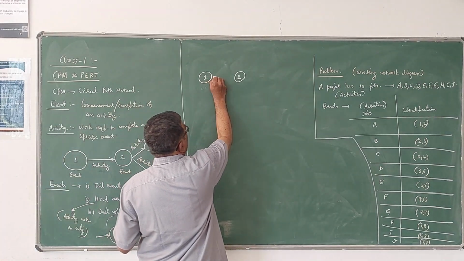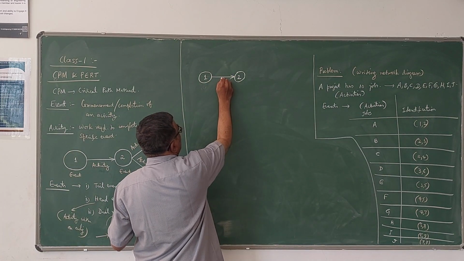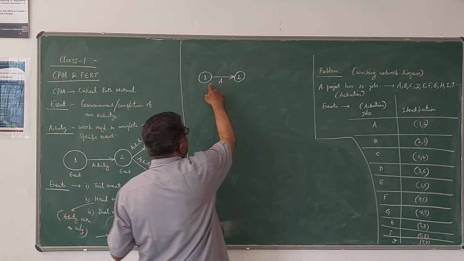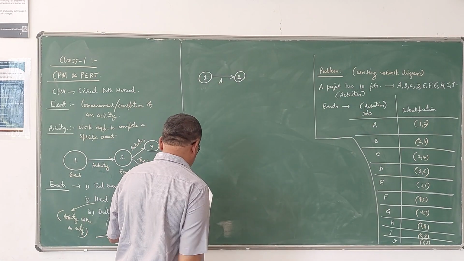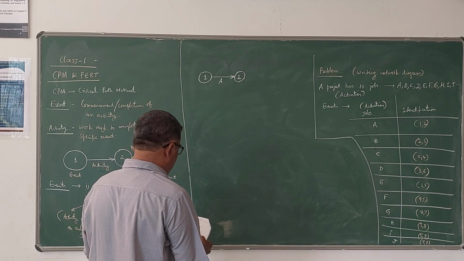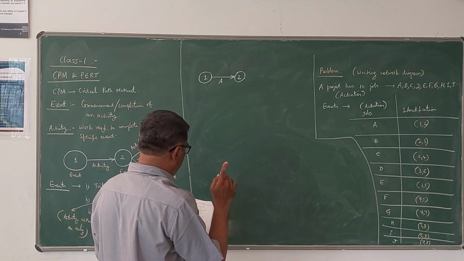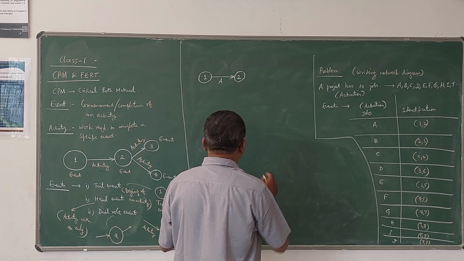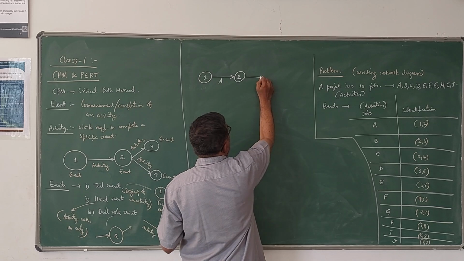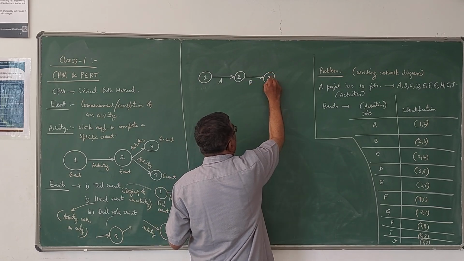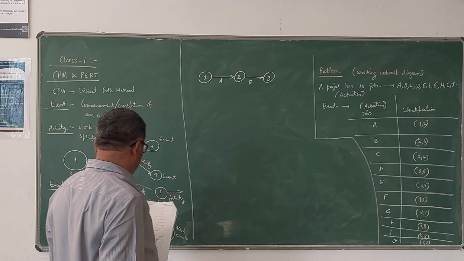So A is an activity which connects events 1 and 2, the first and second events. Next, second is B. He has given that B is connected to 2 and 3. So 2 and 3 we have to connect now. So this is activity B.